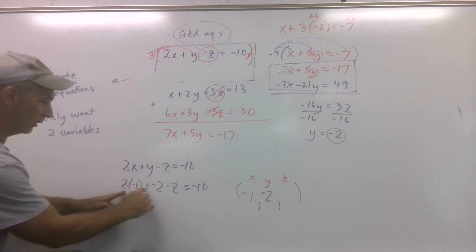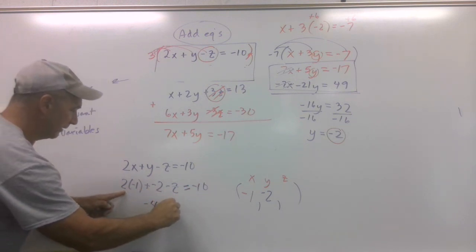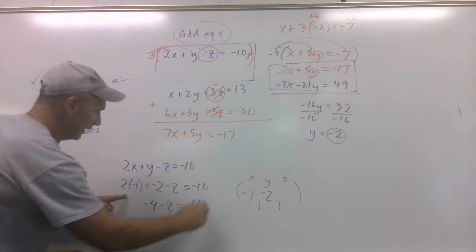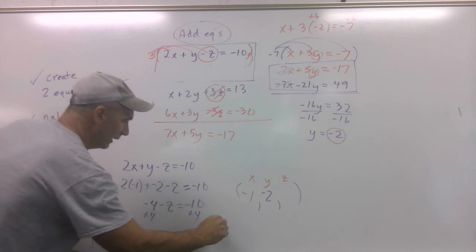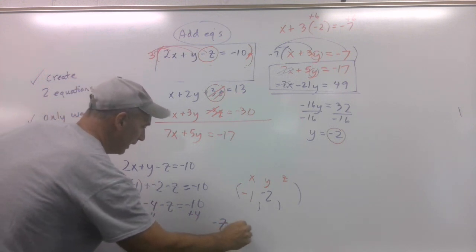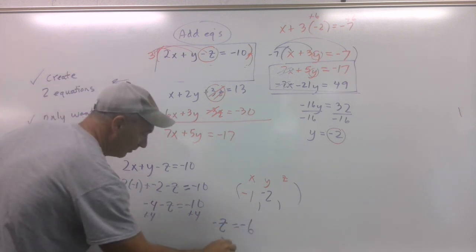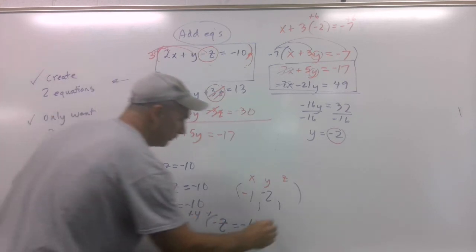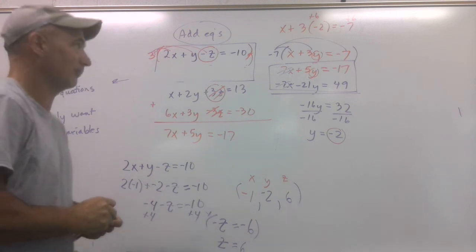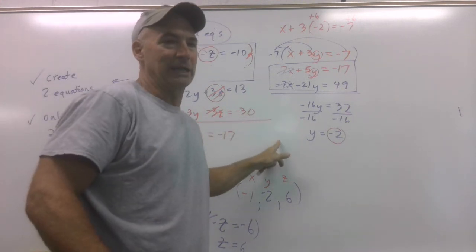That's negative 2, and negative 2 is negative 4 minus z equals negative 10. Add 4. So I get negative z equals negative 6. That means positive z equals positive 6. You've got to multiply that by negative 1. And there's my solution.